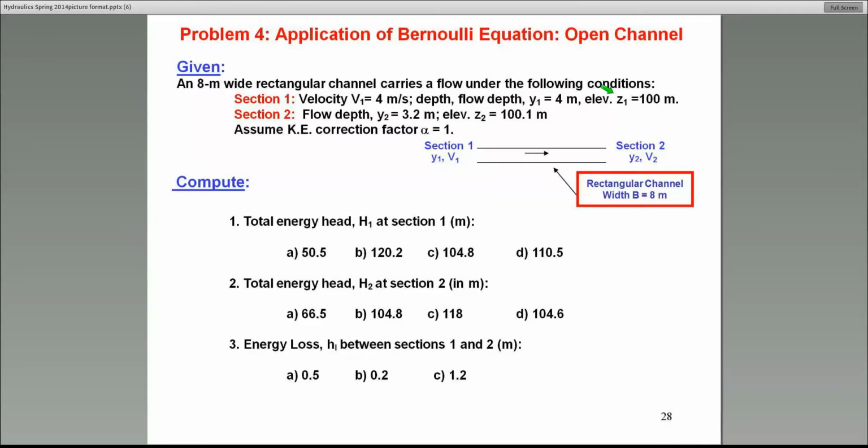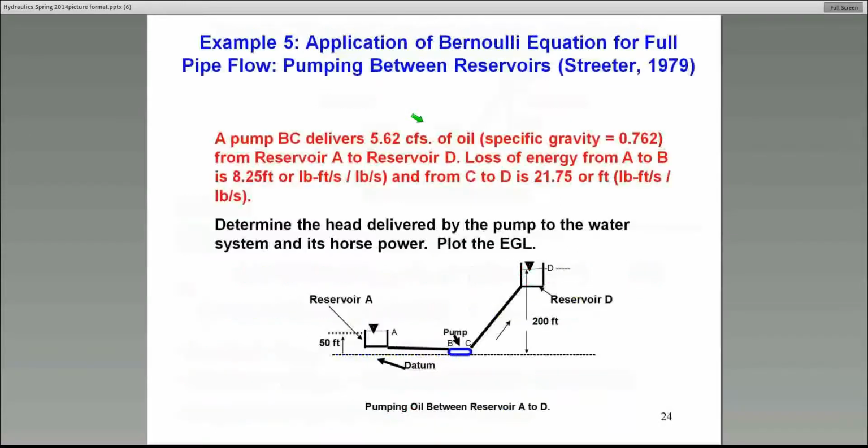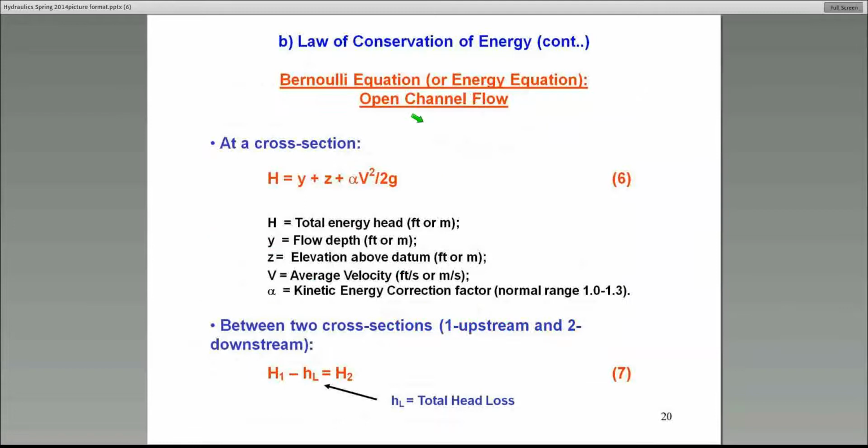So please, whoever that gentleman is, might want to work it again. The total energy for this particular cross section. I'll give you a few minutes. Alpha is 1, by the way, so you don't have to worry about that. For those who forgot the equation, I'll go back one slide, maybe a couple of slides. This is the equation right here.